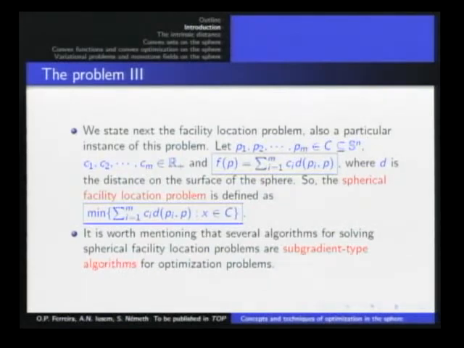There is a whole literature about the spherical facility location problem with specific algorithms, mainly put together by people who are not mathematicians, who are just in the applications, and they are basically a subgradient problem, but they do not see them as that.